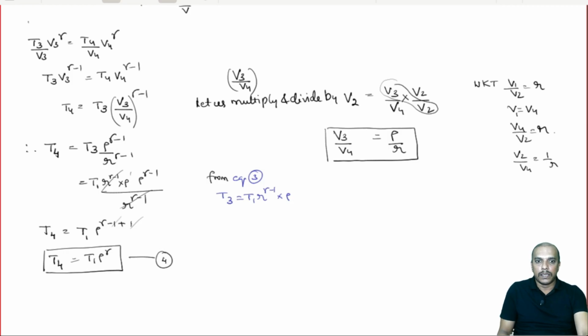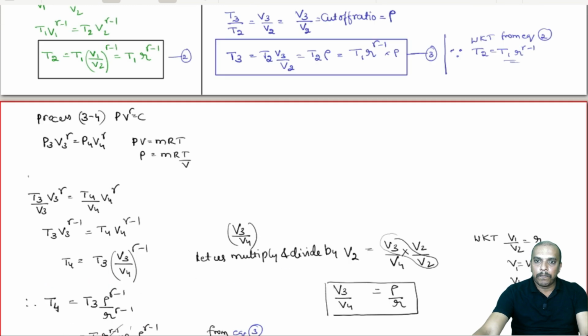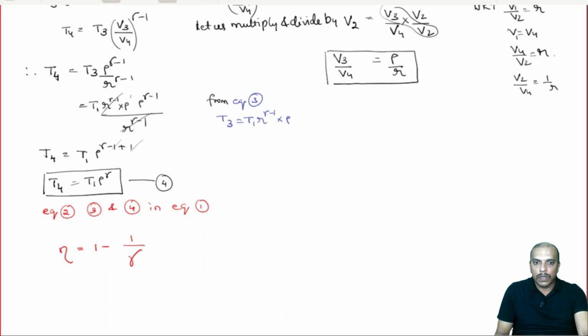Now, what is the idea? Substitute equations 2, 3 and 4 in equation 1. What was our equation 1? Efficiency is equal to 1 minus 1 by gamma, and we had T4 minus T1. So, in place of T4 I will write T1 rho power gamma minus T1.